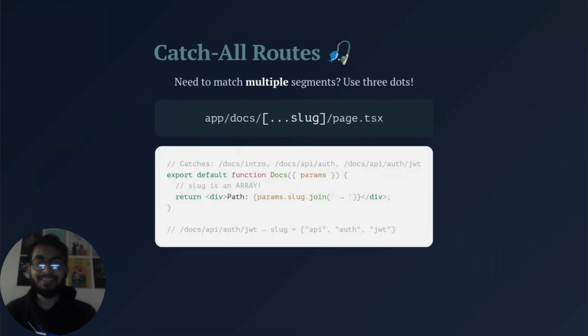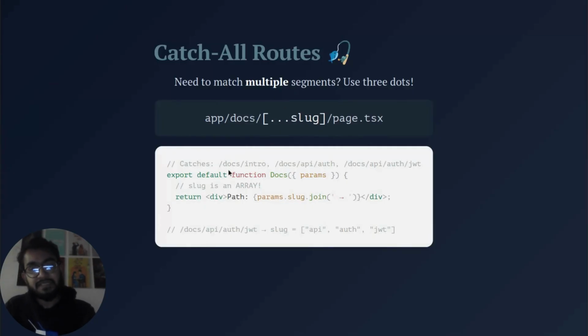And the magic is catch-all routes, to match multiple segments. If you need to match multiple segments, then you can use these three dots. So this is an advanced dynamic route.